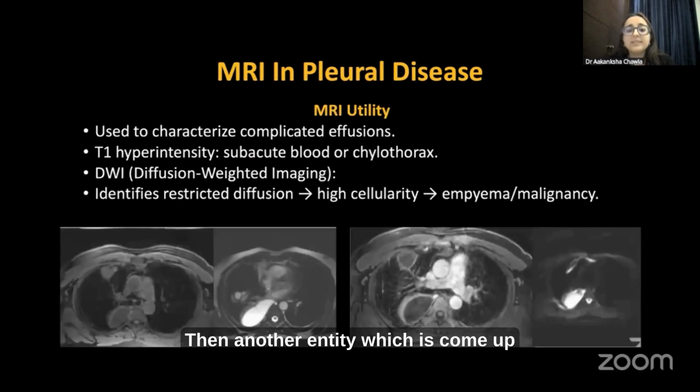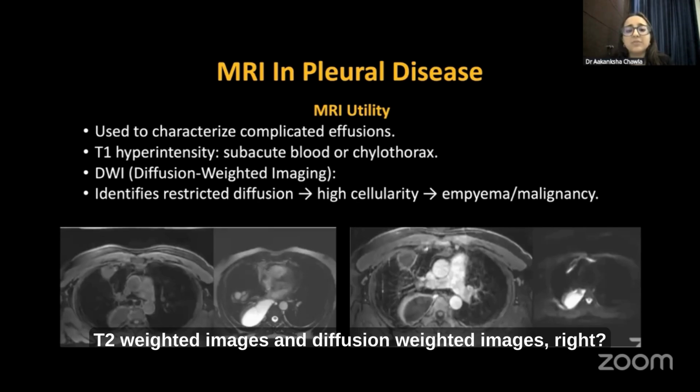Then another entity which is evolving more and more in pleural diseases is MRI. It is usually used to characterize complicated effusions. There are T1 weighted images, T2 weighted images, and diffusion weighted images.